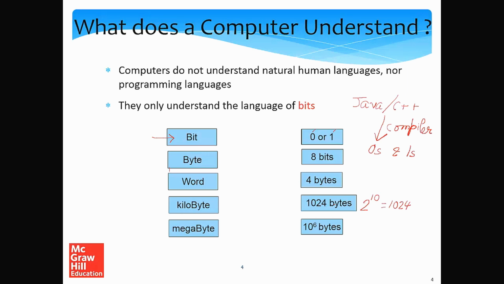Mega is kilo times a kilo, which is roughly 1000 times 1000 or a million. In computer science, mega is typically 2 raised to the power 10 multiplied by 2 raised to the power 10, which is 2 raised to the power 20. This is what a megabyte is, and this is close to 1 million, 10 to the power 6. As a result, you will find both the numbers being used, and which variant is being used needs to be inferred from the context.